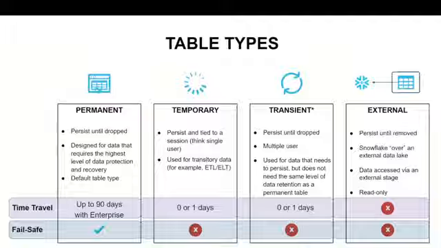So it could be an alternative to your permanent table, where you simply don't want to create multiple permanent tables because a data retention of 90 days is applied there. You have to apply the data retention, and that is going to increase your storage cost.